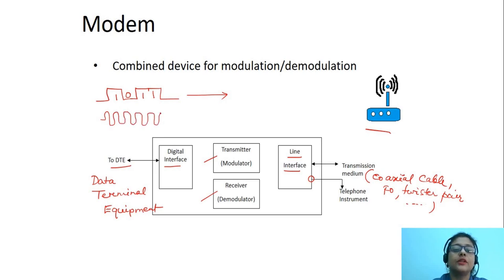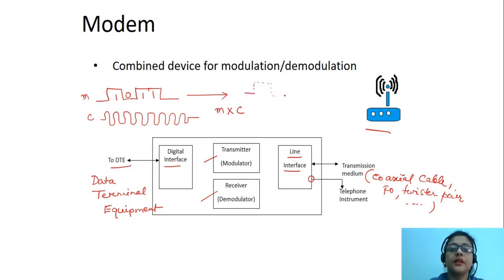This is a sinusoidal signal which can be passed through a transmission medium. Now when these two are multiplied, this original signal, let's say it is the message, and this is the carrier signal, you need to multiply message and carrier. And at the output of the modulator, what will you get?